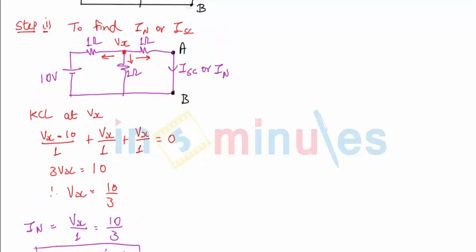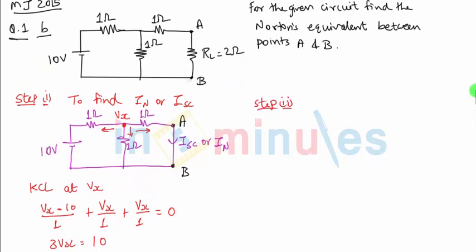My step number 2 is going to be finding the Norton's resistance Rn. I keep saying that Norton's resistance and Thevenin's resistance are exactly same. They are found also using exactly same approach. So to find the Norton's resistance, we will once again draw the circuit, but this time we will have to replace the sources.